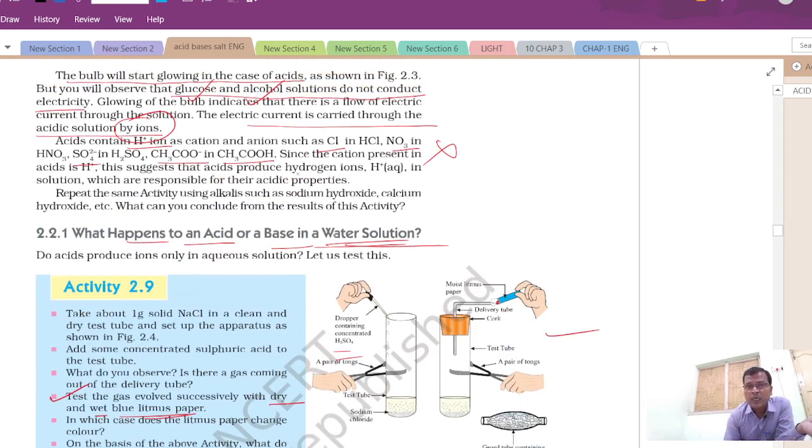So remember, it is the hydrogen ions in the solution which are responsible for acidic property. If H plus ion is not given up in the solution, then it will not behave as an acid.